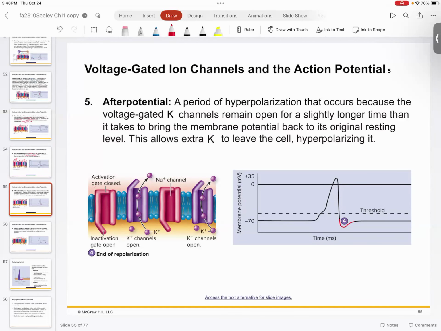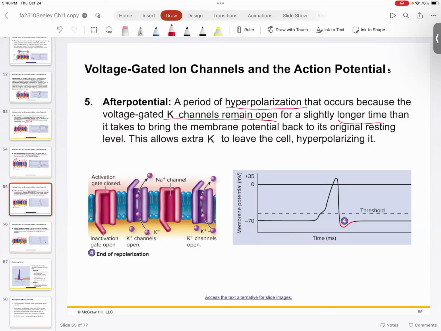And then the after potential, or the point of hyperpolarization, is caused because these potassium channels are still open. And they're open for a little bit longer than it usually takes to get to your membrane potential. So you're kind of purposely overshooting it. You're kind of giving it a little extra long time to make sure you get down to resting membrane potential.